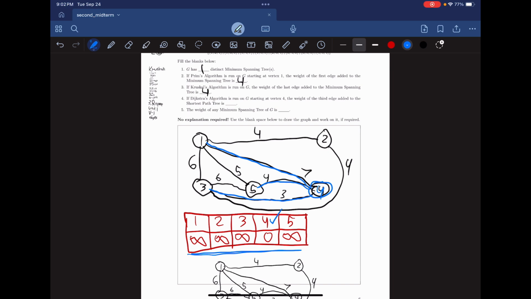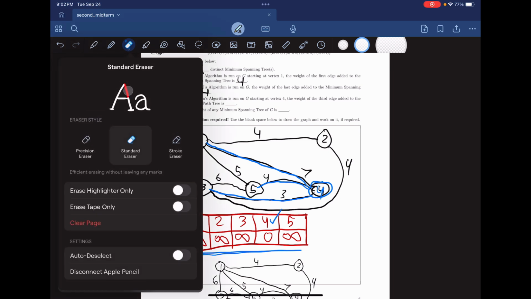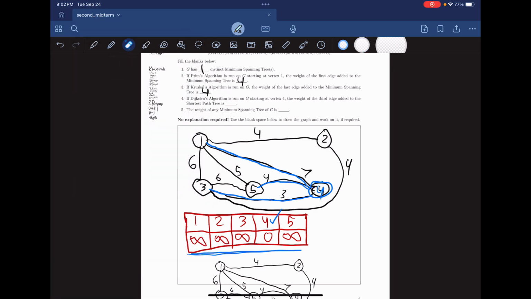The edge from 4 to 3 has distance 3. So in other words, we know that we can get from 4 to 3 with distance 3. And we want to ask ourselves, is that less than or greater than the current value in the table? Is that less than what we previously believed was the distance to get to 3? It is.